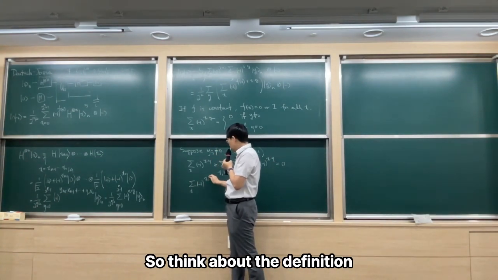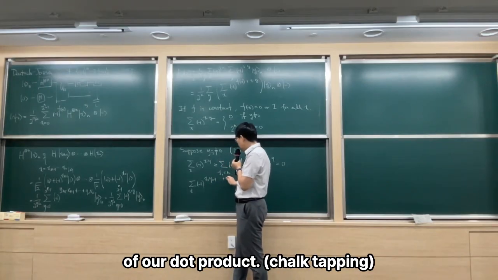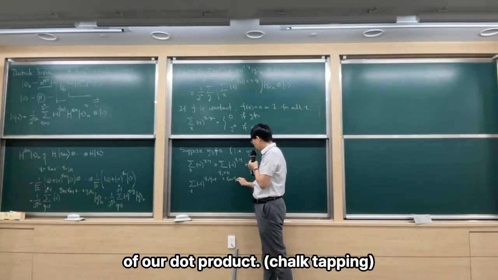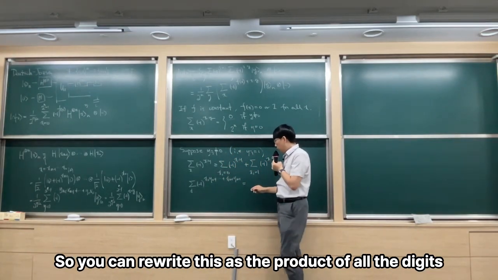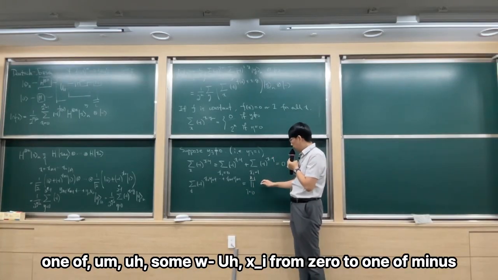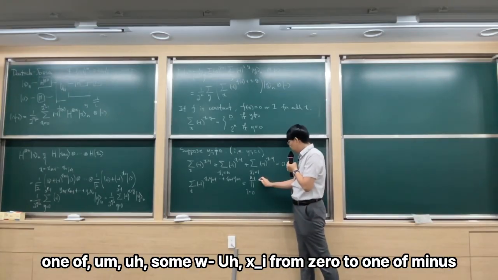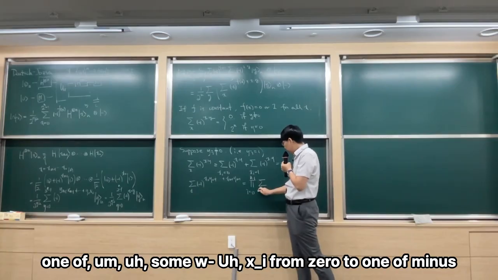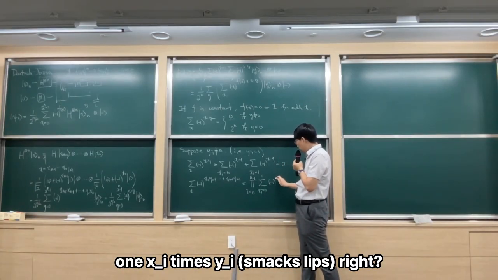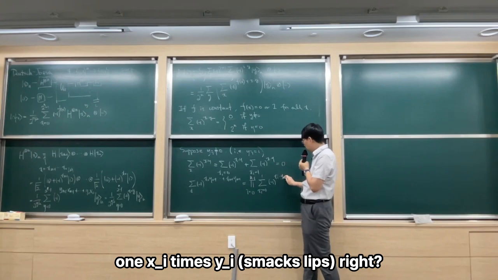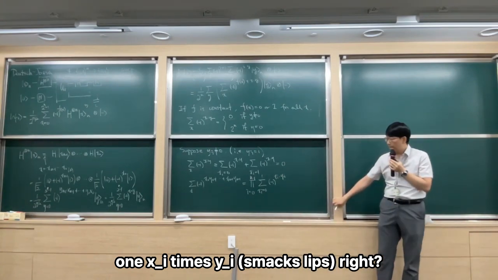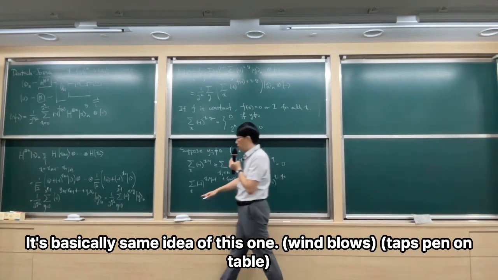So think about the definition of our dot product. You can rewrite this as the product over all the digits from 0 to n minus 1 of the sum over xi from 0 to 1 of (-1) to the power of xi times yi, right? It's basically the same idea as this one.